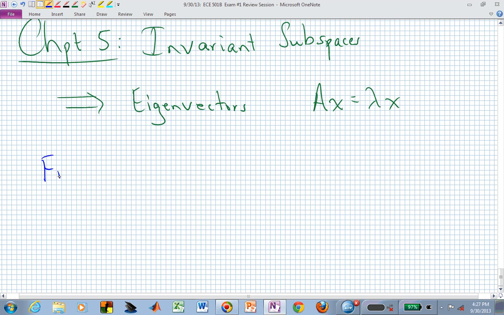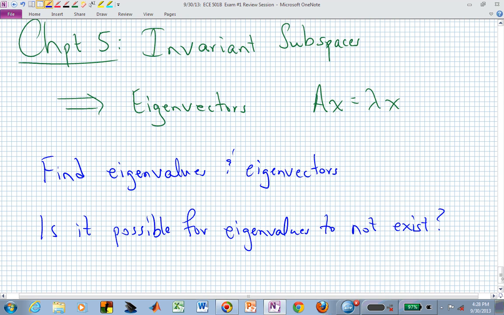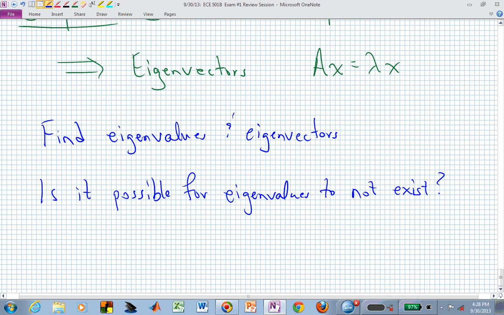Or I should say be able to find eigenvalues and eigenvectors for fairly straightforward matrix representations, let's say A. And you might also want to know, is it actually possible, given a linear map, for eigenvalues to not exist at all, or for some eigenvalues to exist, but in terms of numbers, be much less than the dimension of the vector space that you're operating on.